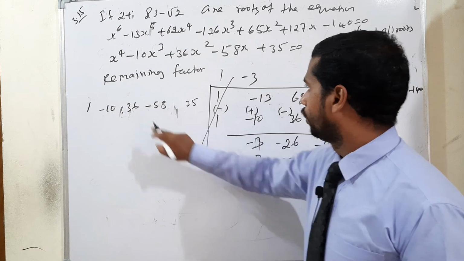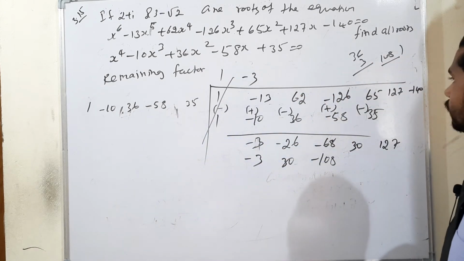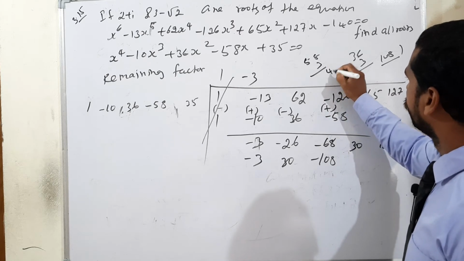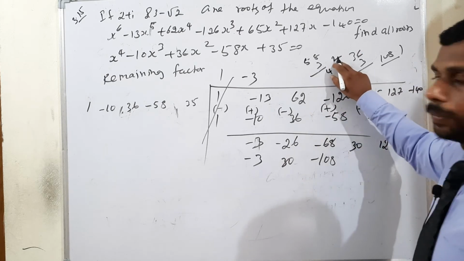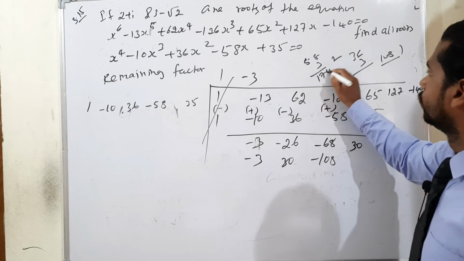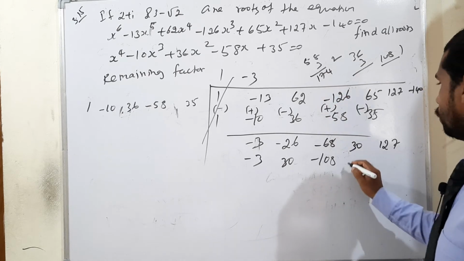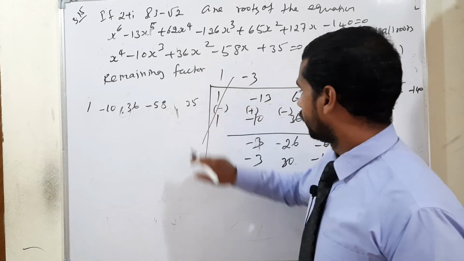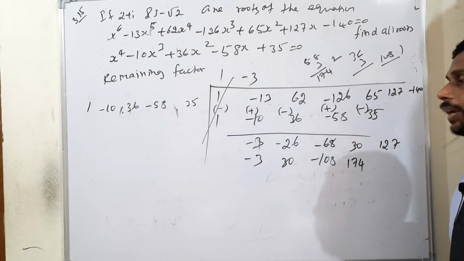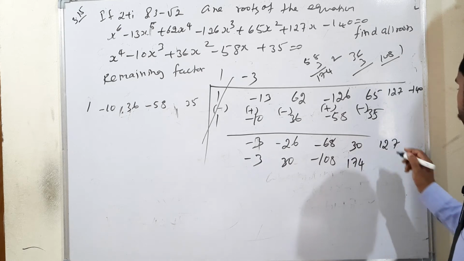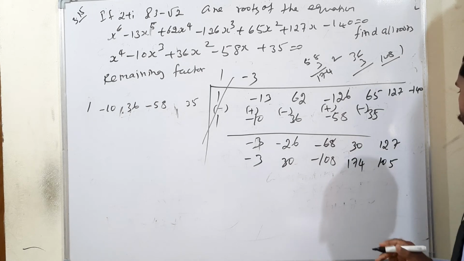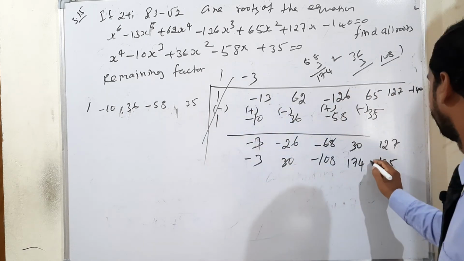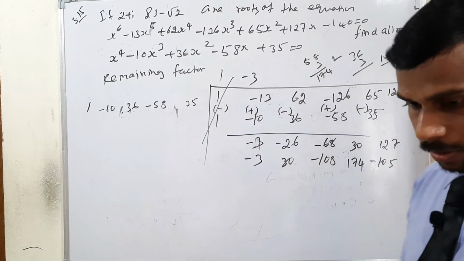Next, negative into negative positive, 58 into 3: 3 8s are 24, 2, 5 3s are 15, 15 plus 2 is 17, so 174. Now the last one, 35: 5 3s are 15, 90 plus 15 is 105, but with negative sign, negative 105.